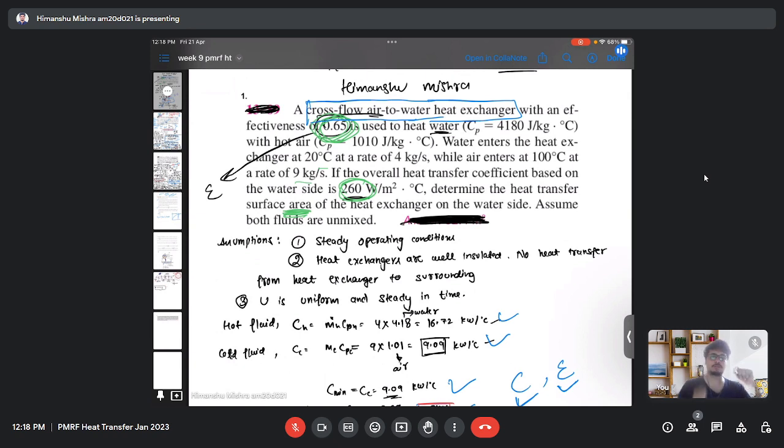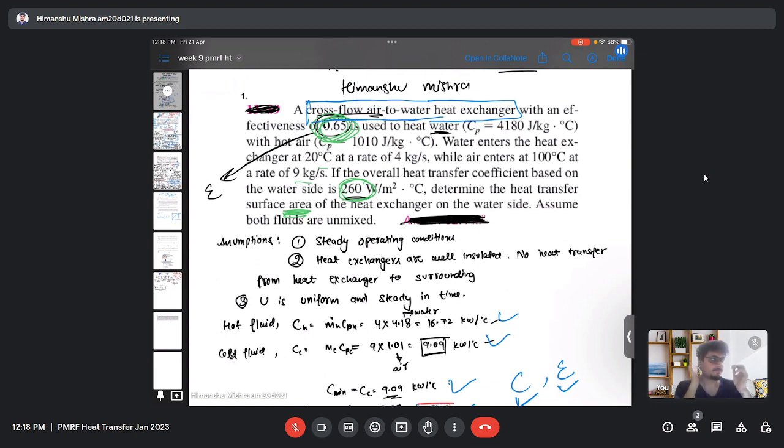So this is the same procedure you need to follow for almost every question using the LMTD and NTU approach. You can use either approach if you are given the temperatures of all hot fluid and cold fluid at all inlets. It's not like NTU has some certain restriction and LMTD has some certain restriction. So you can use both.